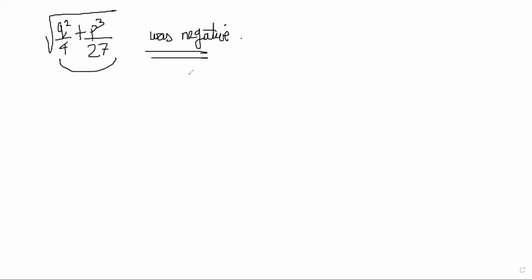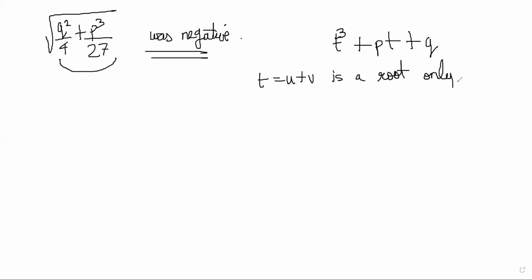So where did we go wrong here, or not go wrong actually, where did we miss a step, or what is the point where we have to be careful? If you have this particular equation, t cube plus pt plus q, remember we had the situation that t is equal to u plus v is a root only when minus p is equal to 3uv and u cube plus v cube is equal to minus q.